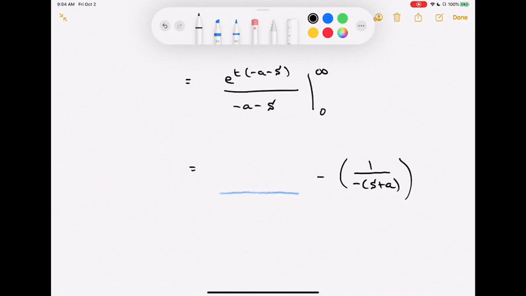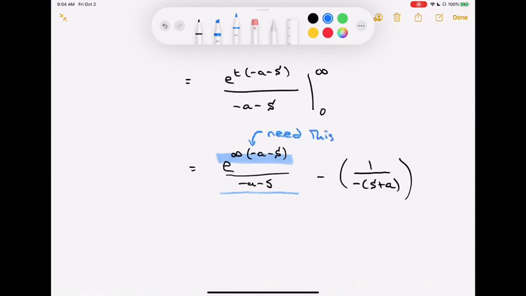This is a little loose in the mathematical notation, but we need this piece, e to the infinity of minus a minus s over minus a minus s, to converge. That means go to 0 rather than blowing up.